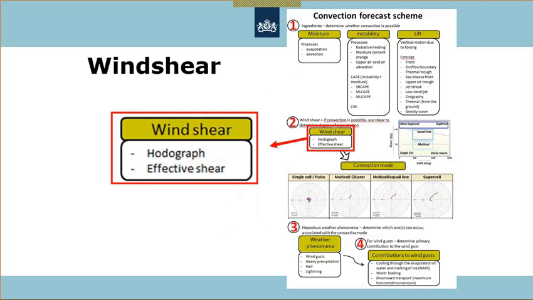But I think for me personally, as a forecaster, what is very important is to look at some kind of shear that's called the effective shear, and that's something different than the ordinary normal shear you can easily look up when you look at a sounding or a proc sounding. But it's important to look at the effective wind shear finally, and I will explain that to you.